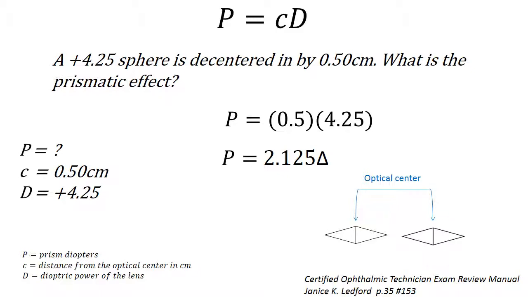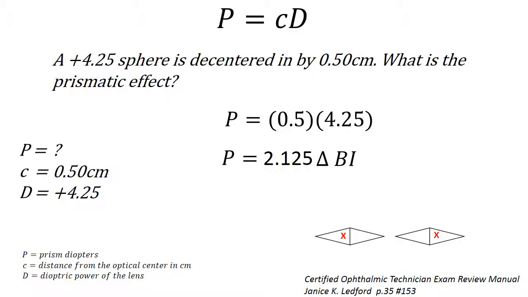That's the optical center. So if the patient's visual axis in the red X were right there at the optical center, there would be no prismatic effect. But we're moving the optical centers in, which means nasal. That leaves the patient looking through a prism that is base in.